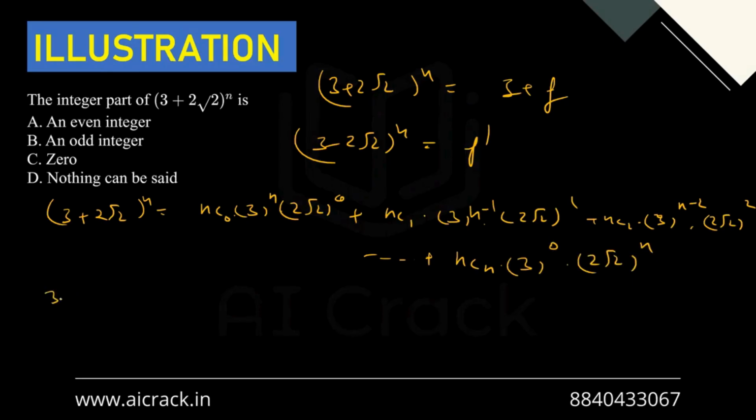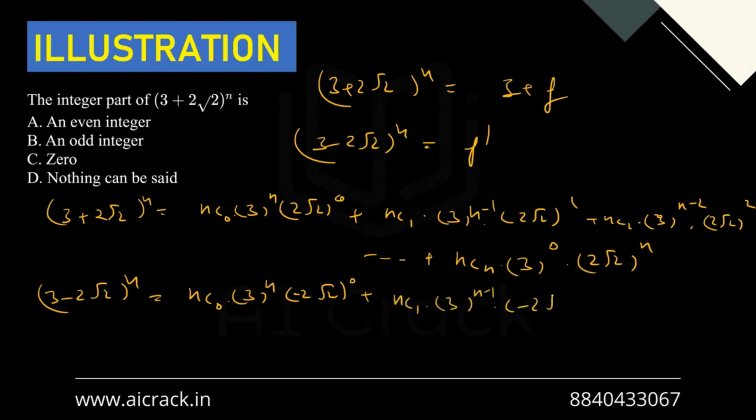And similarly, if I write (3 − 2√2) raised to the power n, I'll get nC0 · 3^n · (−2√2)^0 + nC1 · 3^(n−1) · (−2√2)^1 + nC2 · 3^(n−2) · (−2√2)^2 till nCn · 3^0 · (−2√2)^n.